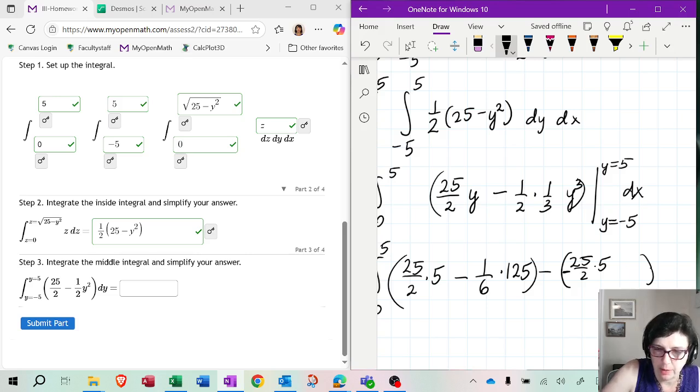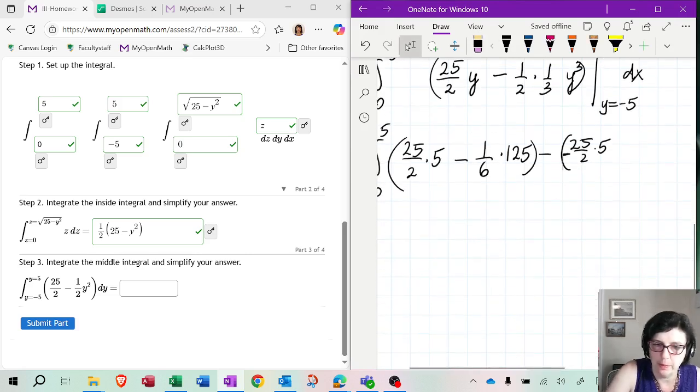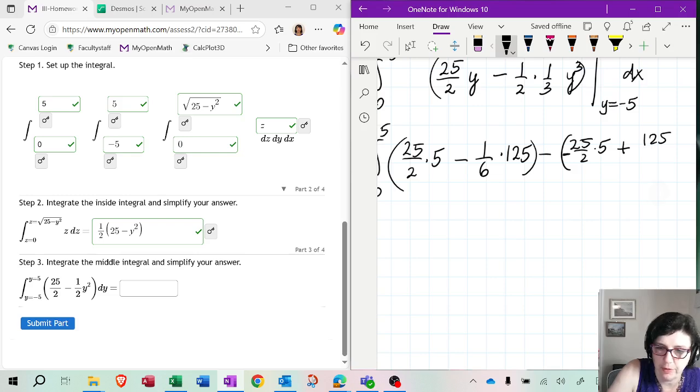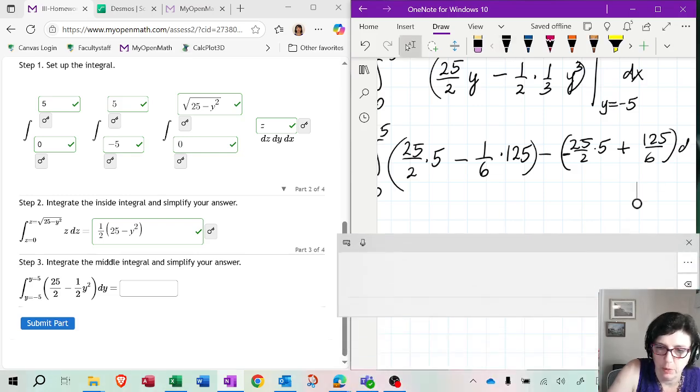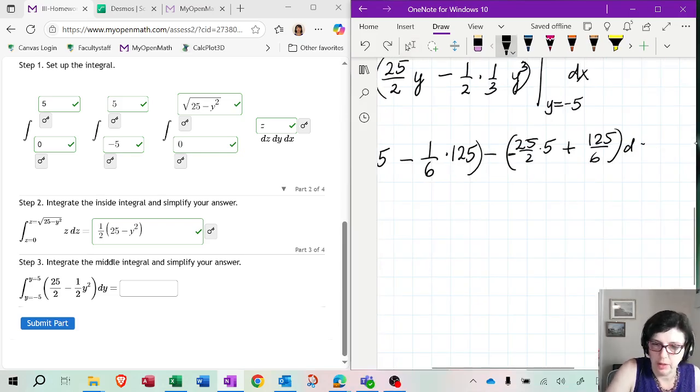And then the negative 5 cubed is negative 125. So this is actually going to become positive, right? Because the negative and the negative will give you a positive. So this is going to be 125 over 6.